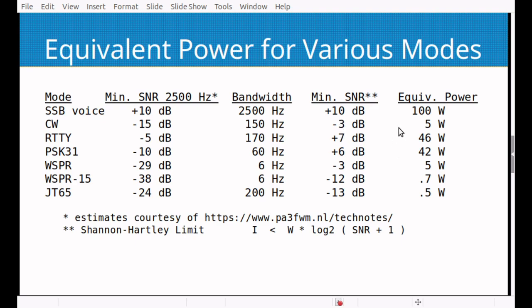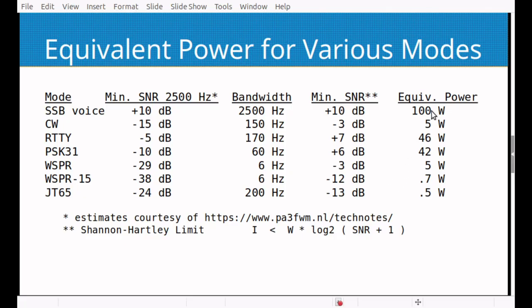Now we can turn this around and ask ourselves, to communicate the equivalent, what would be the power to give an equivalent QSO given these various modes? And that takes into account the signal-to-noise ratio.